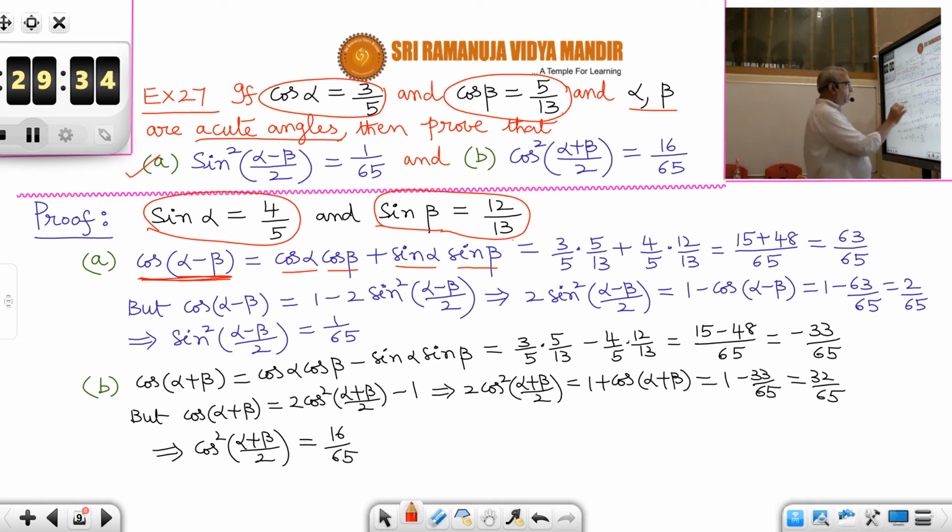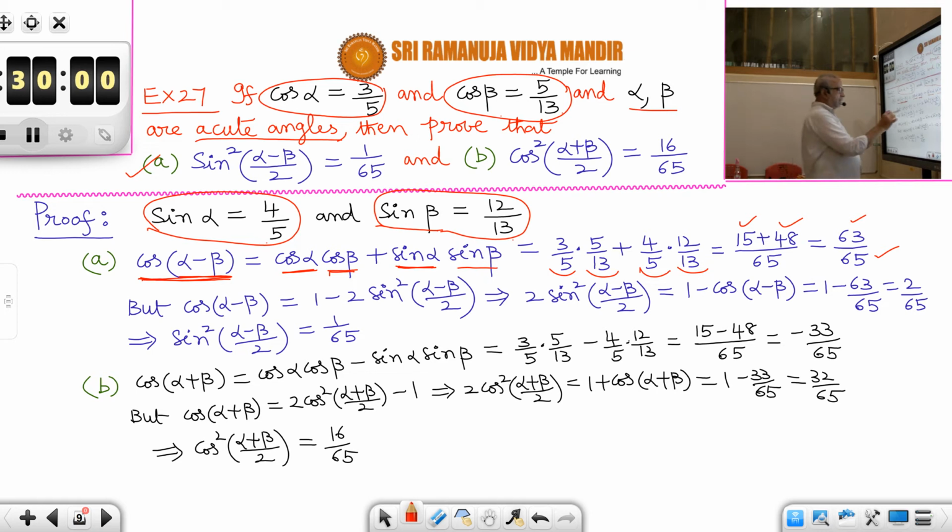So four values you can put. What is cos alpha? Given in the problem, 3 by 5. What is cos beta? That is also given in the problem, 5 by 13. Plus sin alpha we have found 4 by 5, into sin beta we have found 12 by 13. So LCM is 65, numerator 15 plus 48, so 63 by 65.